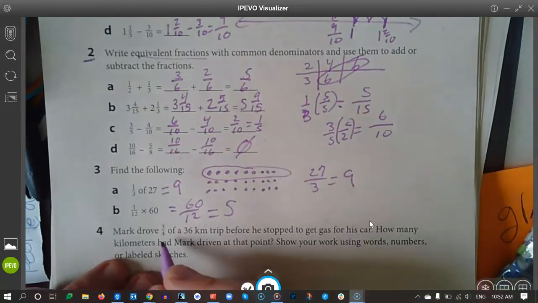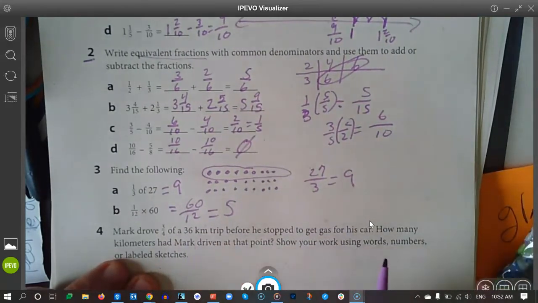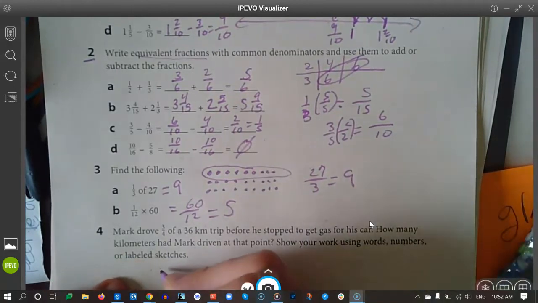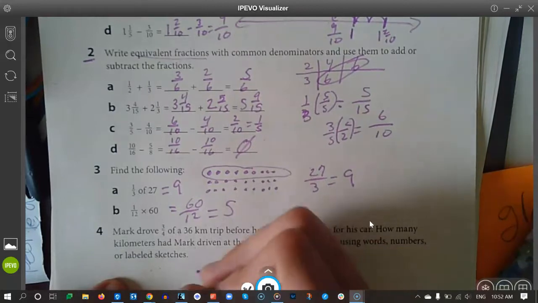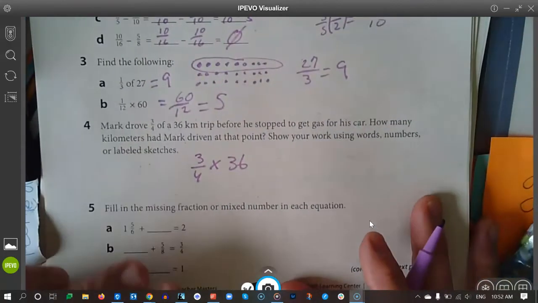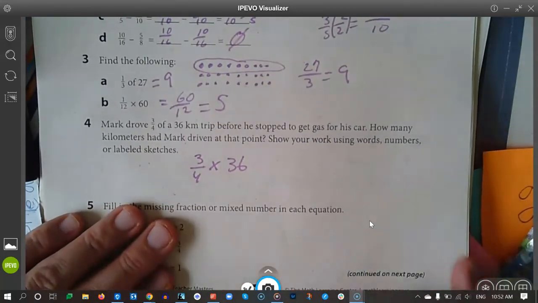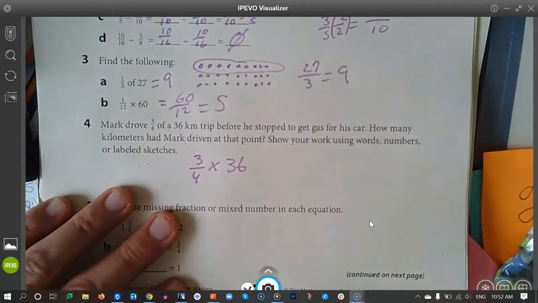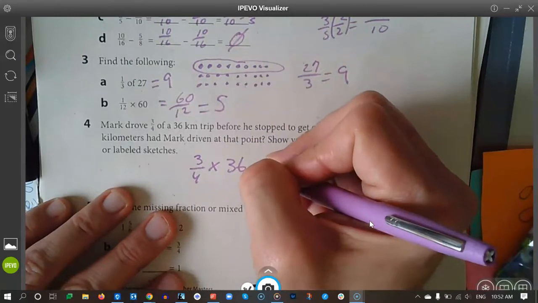All right, Mark drove 3/4 of a 36-kilometer trip before he stopped to get gas for his car. How many kilometers had he driven? So he's gone 3/4 of a 36-kilometer trip. I've been forgetting to tell you to pause. Remember to pause. Don't just follow along with me. It's going to make you think that you know what you're doing.